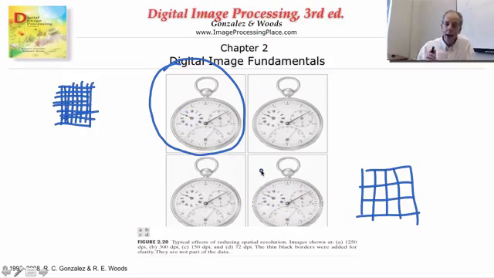So here we only changed the spatial resolution. We have not changed the number of gray values. Still, let's say we have 256. Each one of these is represented with 256, and each one of these is represented with 256. But we are not able to represent such fine detail with this as we are with this.